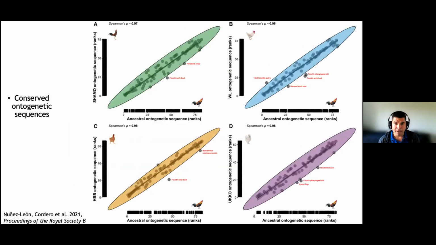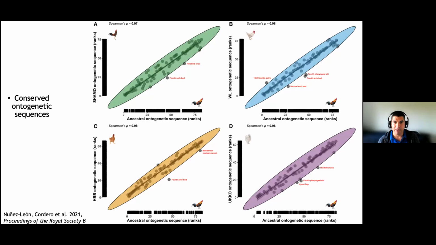And so now I can show you some of the results. It turns out that interspecifically, so within Gallus chicken breeds, ontogenetic sequences were highly conserved. What I'm showing here is a ranked sequence of developmental events in chicken. So we described chicken embryos, and we recorded the timing of each developmental transformation.